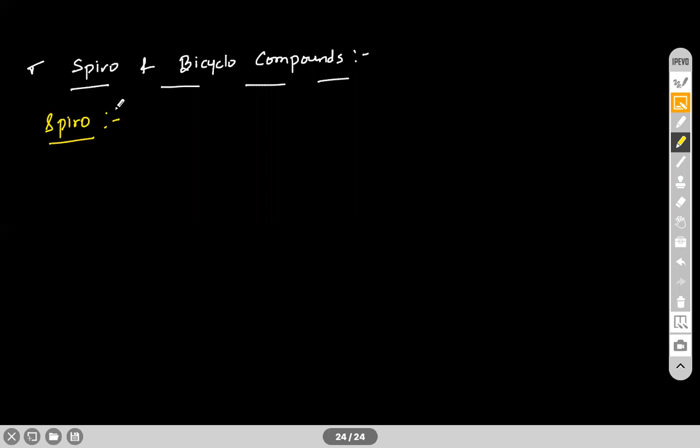These are the compounds in which two rings are joined together by a quaternary carbon. Right? How to name these compounds, I will explain this with an example.